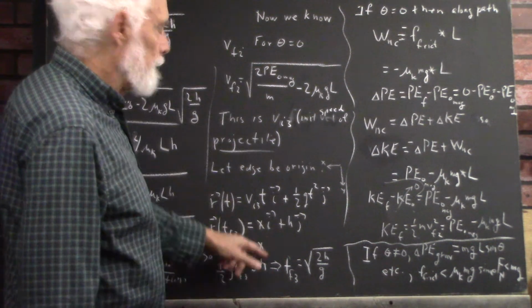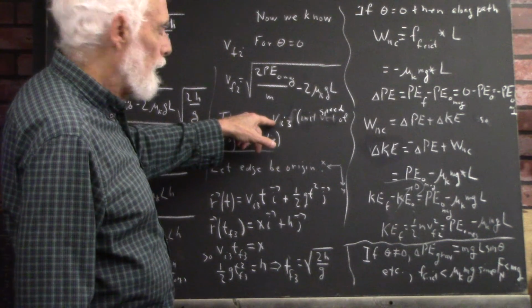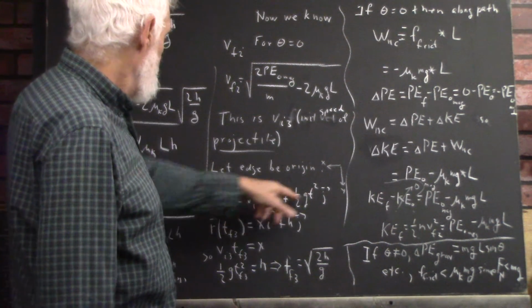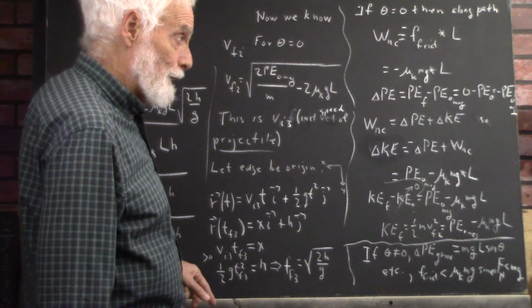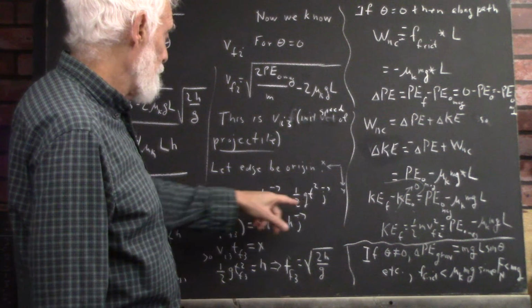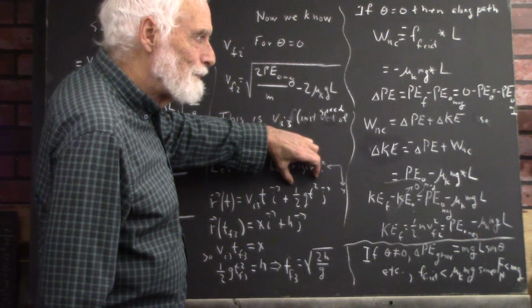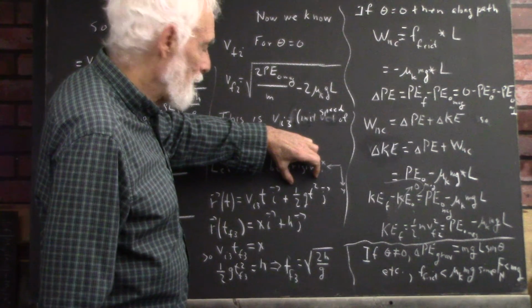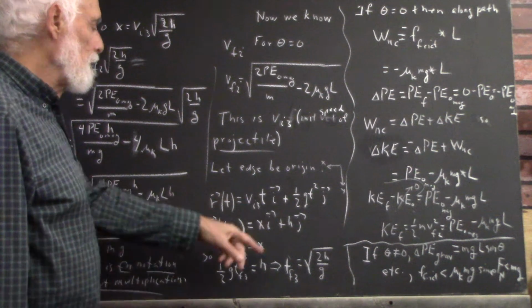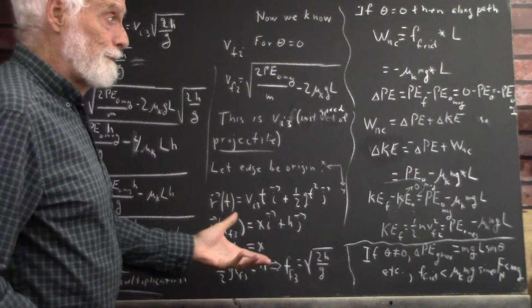But this is going to be less fun because now you would have a v_i cosine theta and a v_i sine theta in here, okay? This would be v_i cosine theta, and then you'd have a v_i sine theta times T in addition to this. So it gets a little uglier, but more powerful.